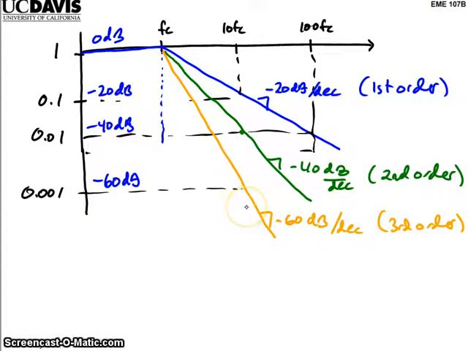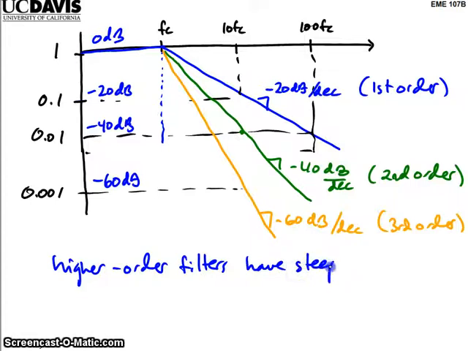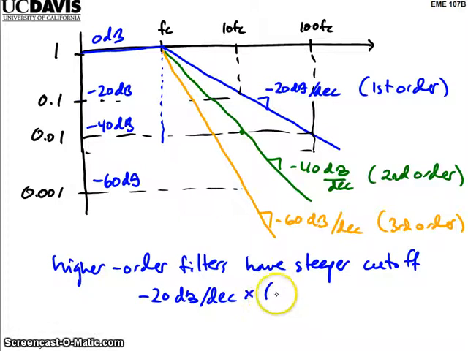So we'd like to use higher order filters, they have a steeper cutoff. And it's basically minus 20 dB per decade times the order that will be the slope of that cutoff.